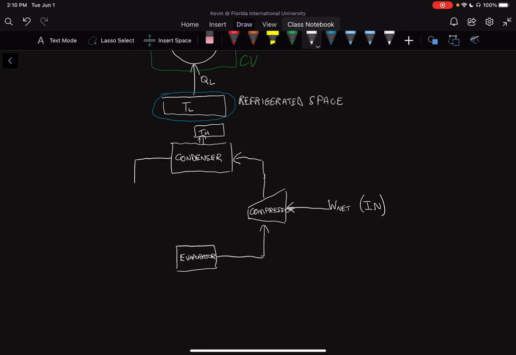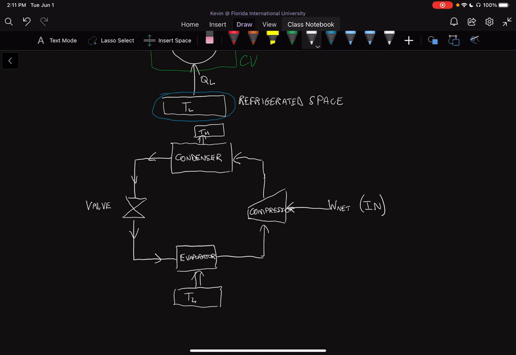Then after going through the condenser, it goes through a valve. And the process starts again going through the evaporator. So that's essentially the process used in a refrigeration cycle, or in a heat pump cycle as well. So in a heater cycle as well. Here we have our TL, which is our refrigerated space.